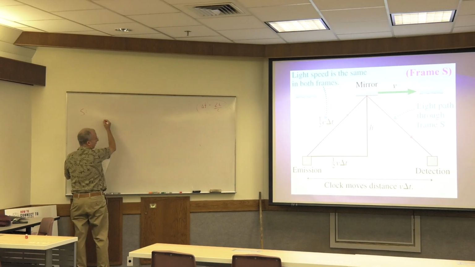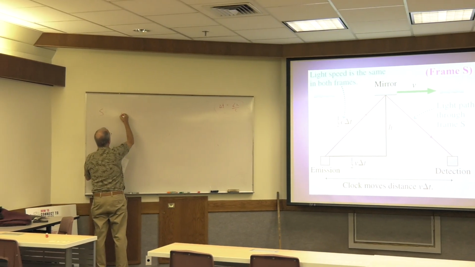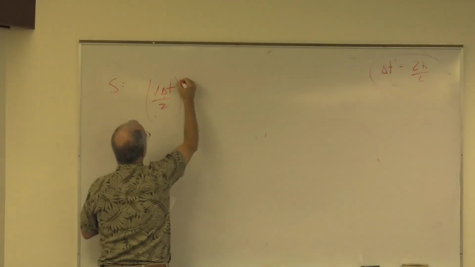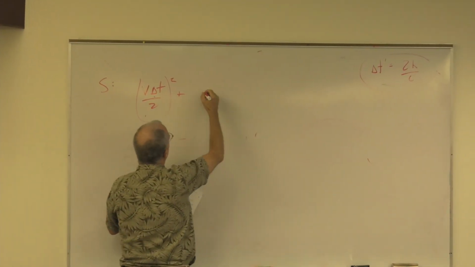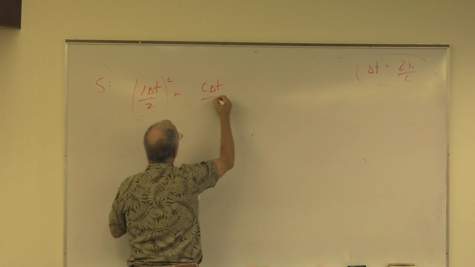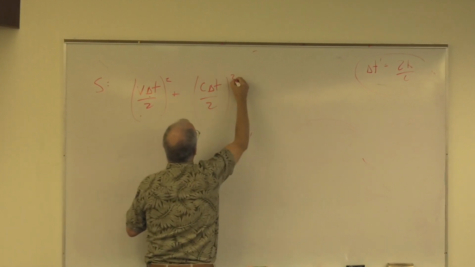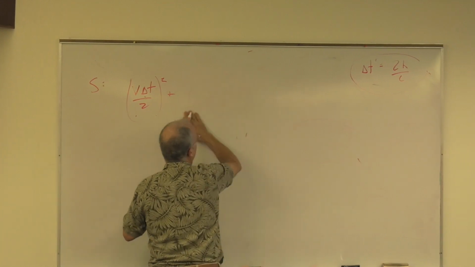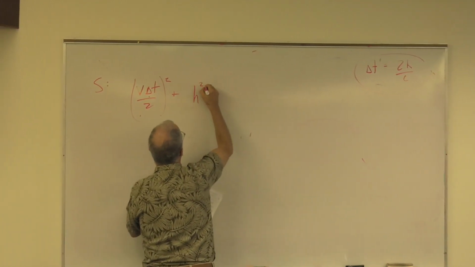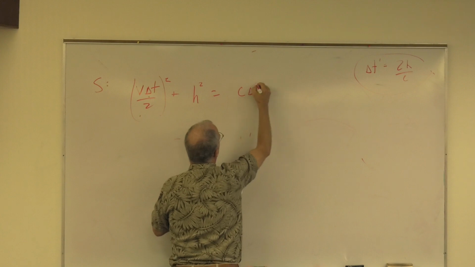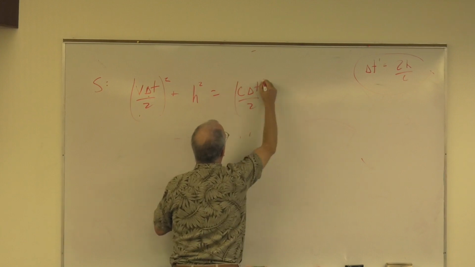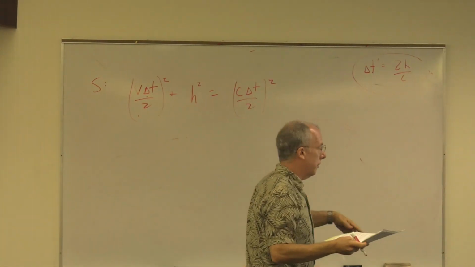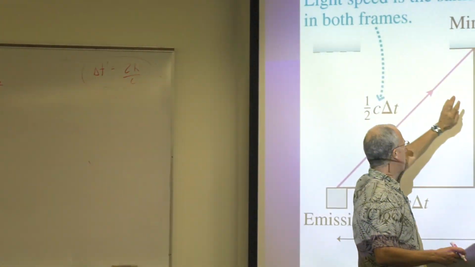So (v delta t over 2) squared plus h squared. Okay, that makes good sense, right? That squared plus that equals that squared.